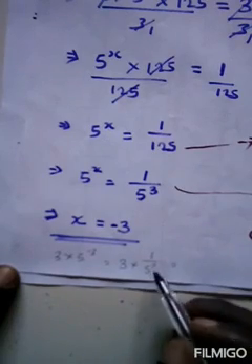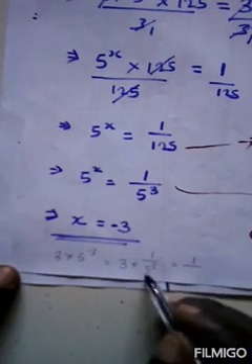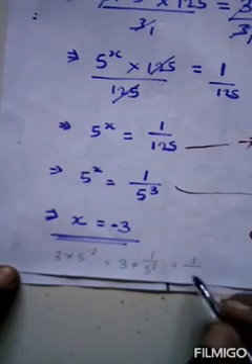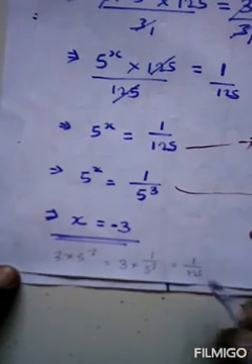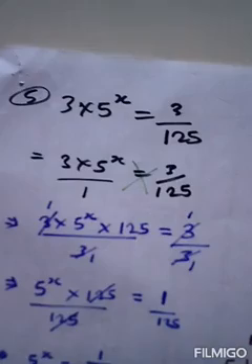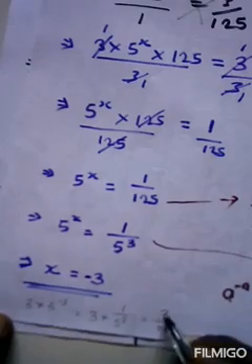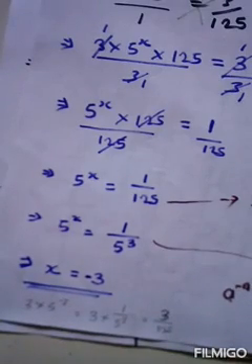So 3 times 1 is 3, and 5 to power 3 is 125, which gives 3 over 125, the same as our original expression. So this is how you can apply indices.